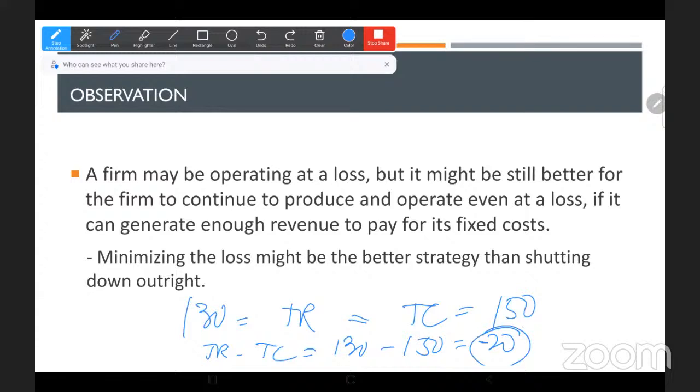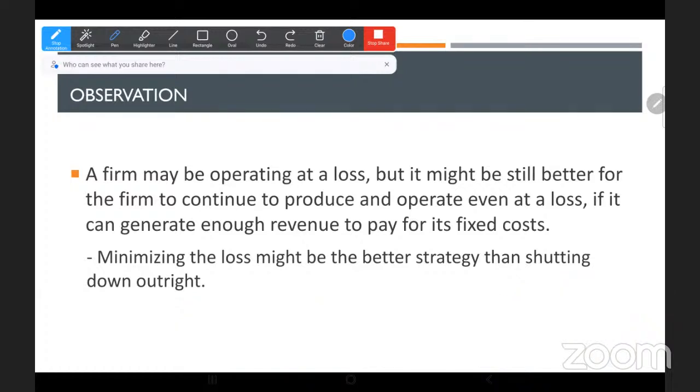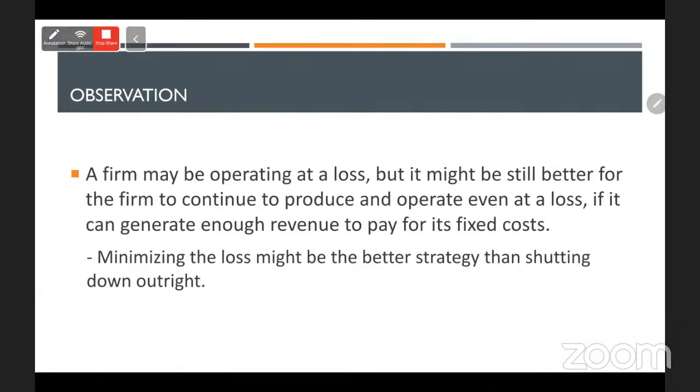But if it shuts down, what is its loss? If the fixed cost is 100, its loss would be negative 100. So it's better to produce a small amount, because its loss is only negative 20 versus negative 100. So minimizing loss is still a strategy.